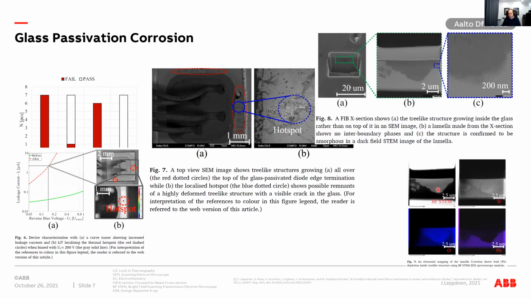Then we made a bright field STEM image and an EDX analysis, and we saw that, okay, this is a lead-based glass. This is, by the way, interesting, that it's still allowed to use lead-based glass in the passivation material.